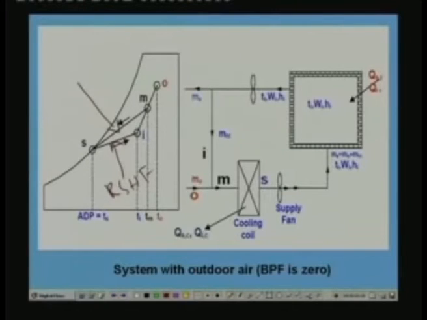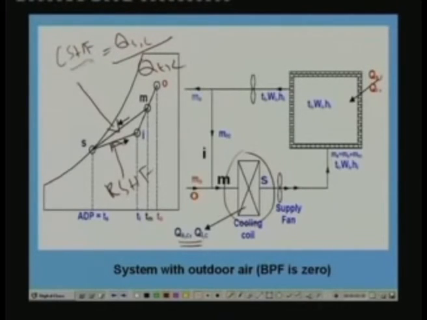This line is nothing but the process line for the air as it flows to the cooling coil, process MS. This depends upon the ratio of sensible and latent heat loads at the coil. So you can define what is known as the coil sensible heat factor, CSHF, as the sensible heat load on the coil divided by the total heat load on the coil.